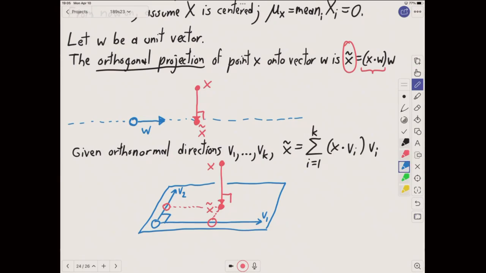And so again, let me emphasize that the length of this portion here is x dot v1, and the length of this portion here is x dot v2. So that's this part of the formula. And so we think of the x dot vi as being coordinates in some special coordinate system that lives inside our subspace.